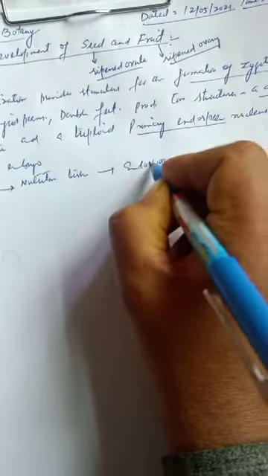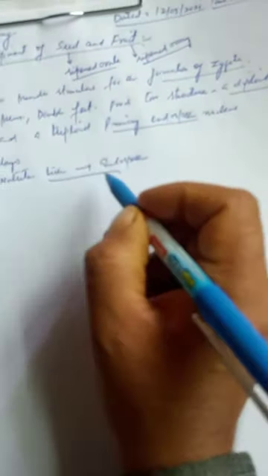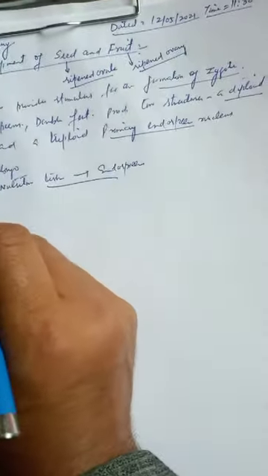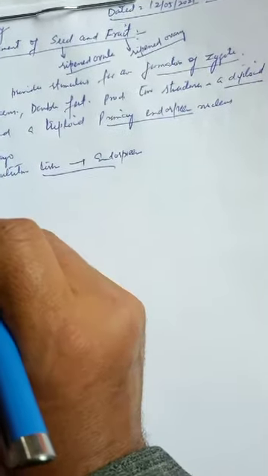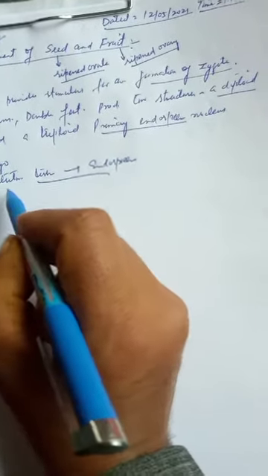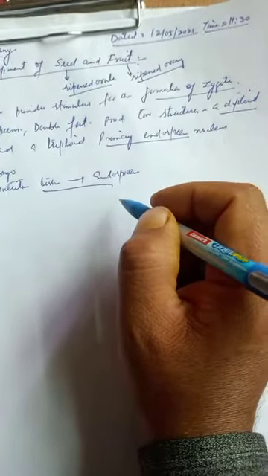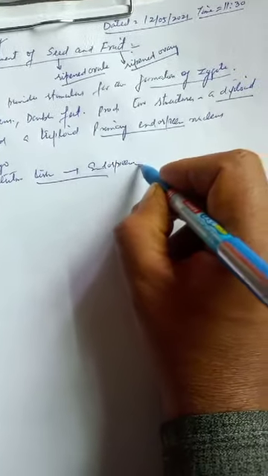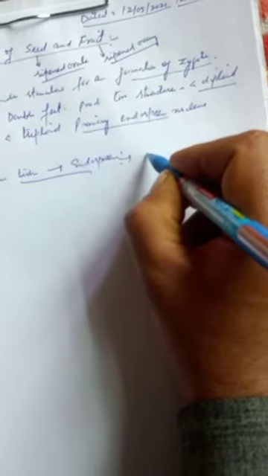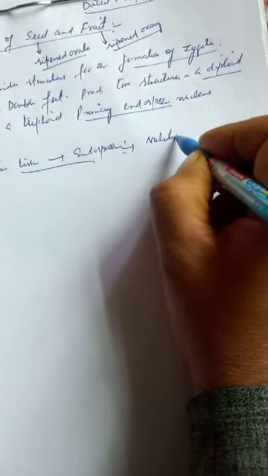We have discussed these two, the development of the embryo and the development of the endosperm. This endosperm provides nutrition, that is food, to the growing embryo.